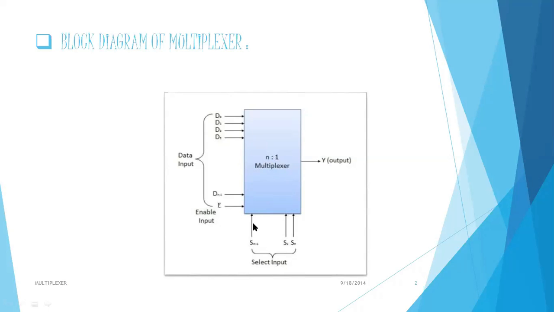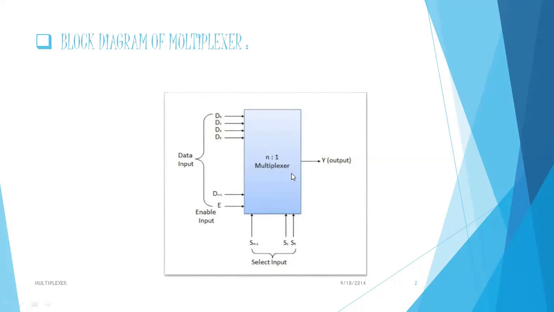Here the selection inputs are the data selectors; based on the selection lines we choose any one input. These are the data inputs, and here we give the selection inputs and one enable input. This is the block diagram of a multiplexer.